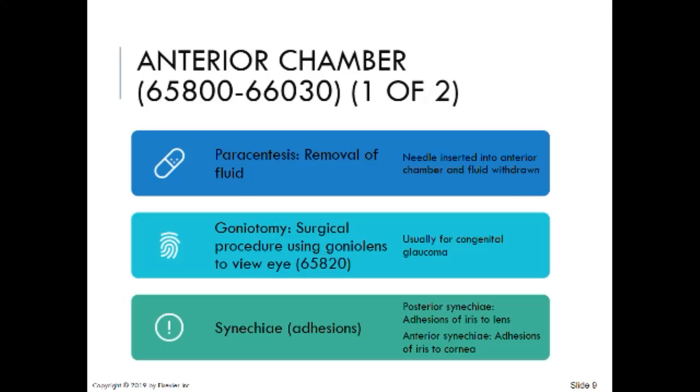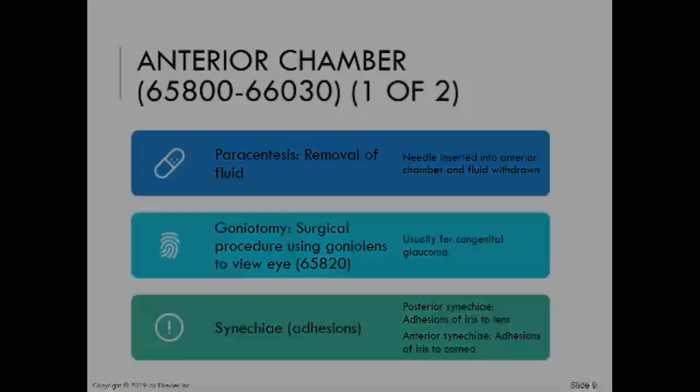Goniotomy is a surgical procedure using the gonio lens to view the eye, 65820, usually for congenital glaucoma. And synechia, adhesions: posterior synechia is adhesions of the iris to the lens. Anterior synechia is adhesions of the iris to the cornea.